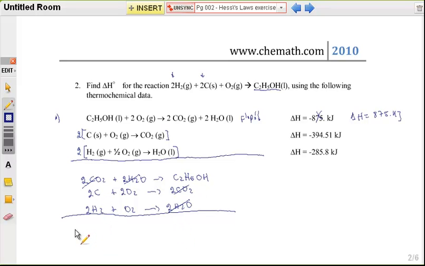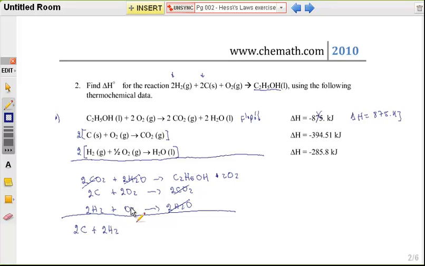So we had 2 carbons plus 2 hydrogens, and on oxygens, this one will be 1. Sorry, this is plus 2 O2, right?